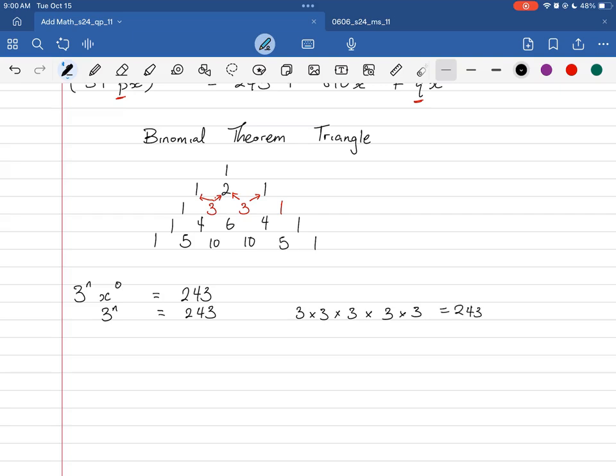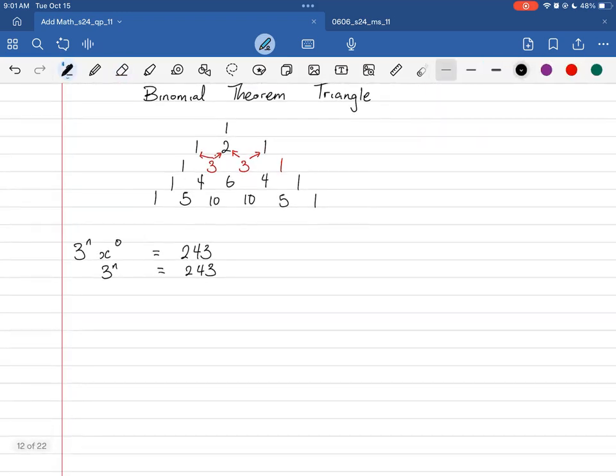Because 9 times 3 is 27, and 3 times 3 is 9 as well, so 27 times 9 is 243. Like I said, you can plug that into your calculator if you don't want to go through that process. Okay, so now we have that your n is 5. So we found our n from our constant 243.